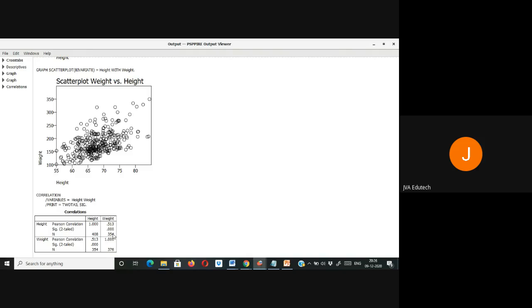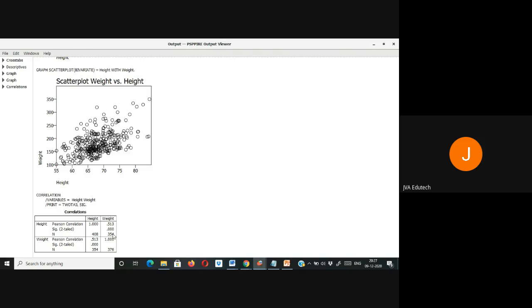If you see this second table, correlation of weight with itself is 100% based on 376 observations, and correlation of weight with height is again 0.513 based on 354 observations.